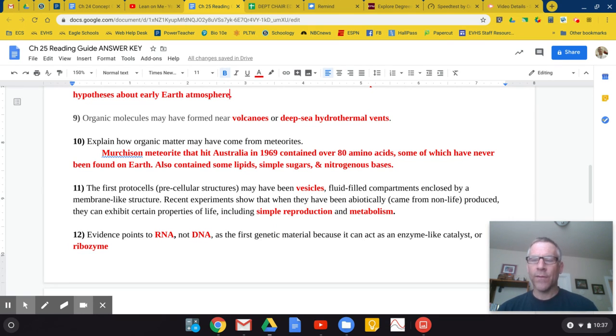So some of them have never even actually been found elsewhere on Earth. That meteorite also contained some precursors and organic molecules that could have led to life. So that's just more into the mix of what scientists and researchers and geologists are trying to understand about what could have been early life.